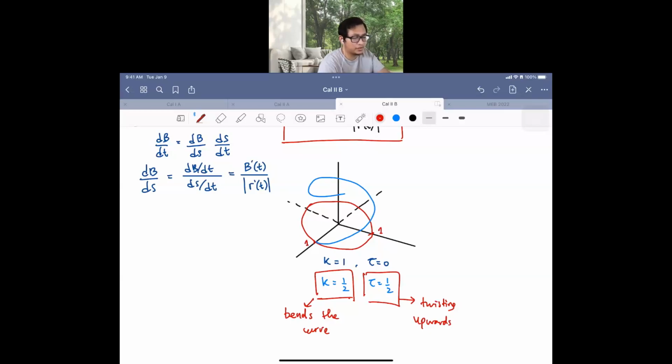Because both have constant values, which means that in every unit distance, the two things are equal. It's relatively constant. But if this is a function, then the twisting will vary. It's not a function here.